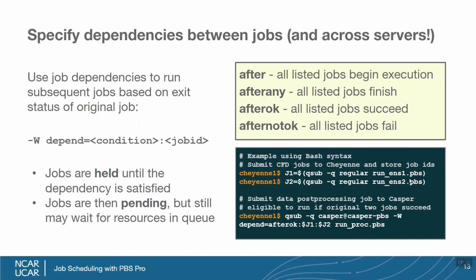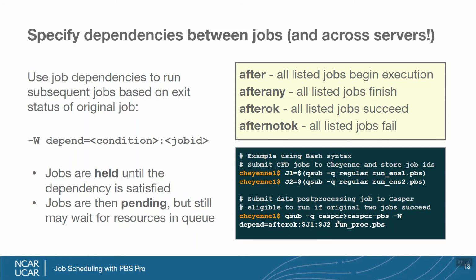So just a submission example here, let's say I had 2 ensemble CFD jobs that I wanted to run on Cheyenne. This is in a bash shell, so I'm using bash syntax. Basically I do a qsub -q regular, my Cheyenne job, my 2 ensemble jobs, and I store those job IDs that get output into shell variables. And then again, still from Cheyenne's login node, I can submit a post-processing job to Casper.